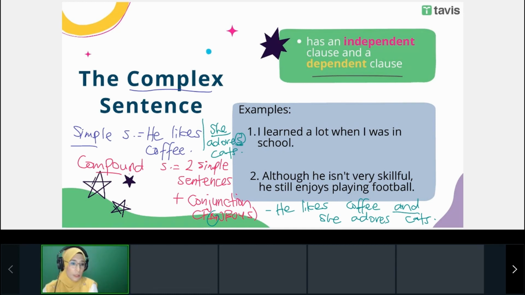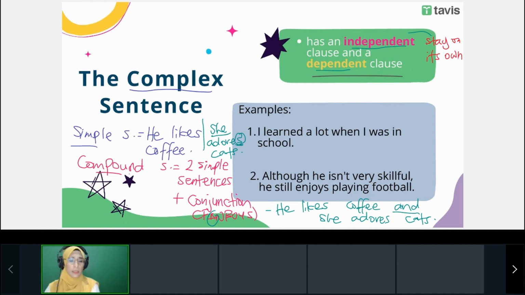And we are going to take a look at the complex sentence today. This is just a review. Here you can see it has an independent clause and also a dependent clause. When we talk about independent, it can stay on its own.